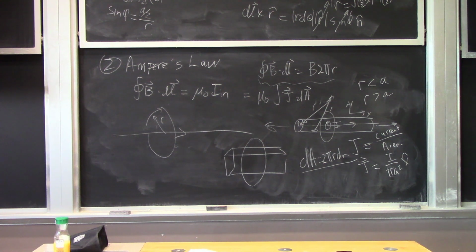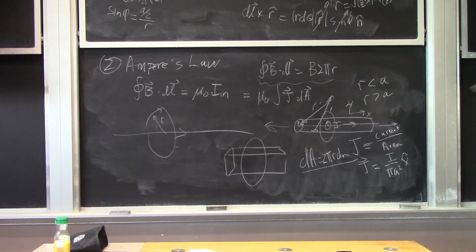Can you explain the difference between the current they give you in these problems, where they say you have a current going left or whatever, versus the current you're finding? Oh, okay.